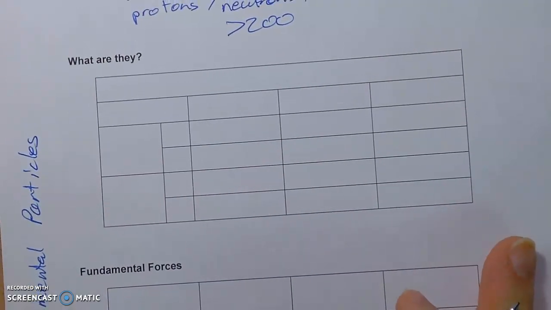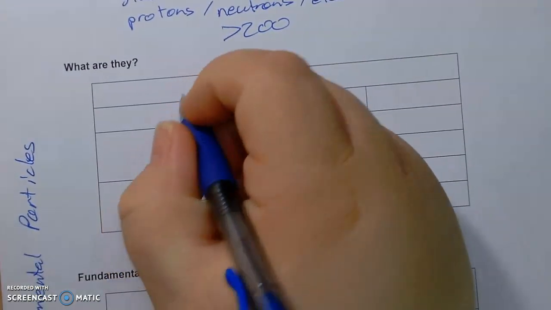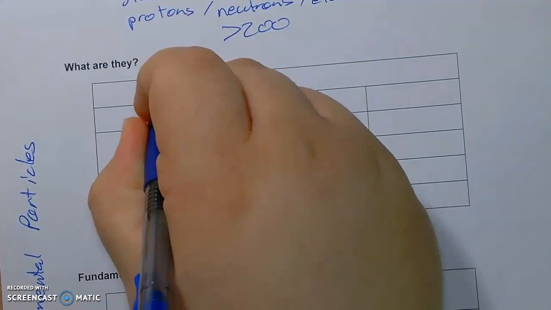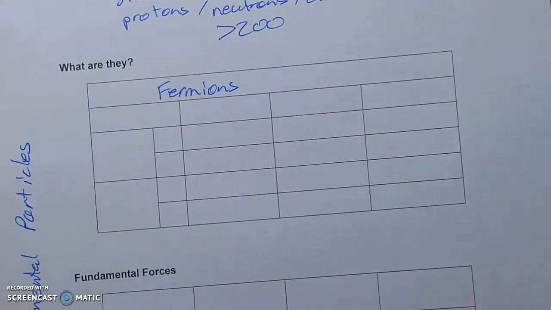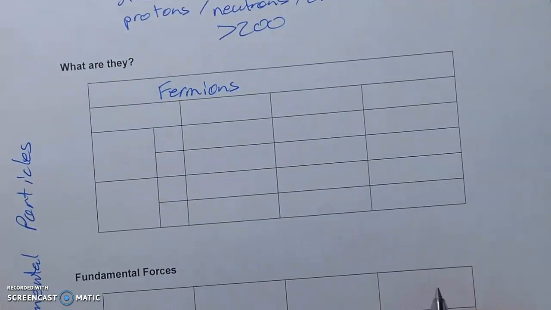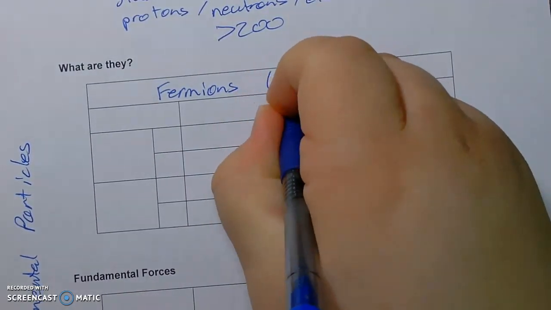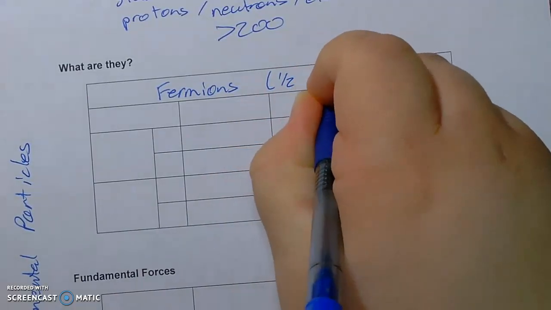First that we're going to look at are what are known as fermions. Yes, we get to learn all kinds of weird science words today. Fermions are subatomic particles that have what are known as a half spin description.